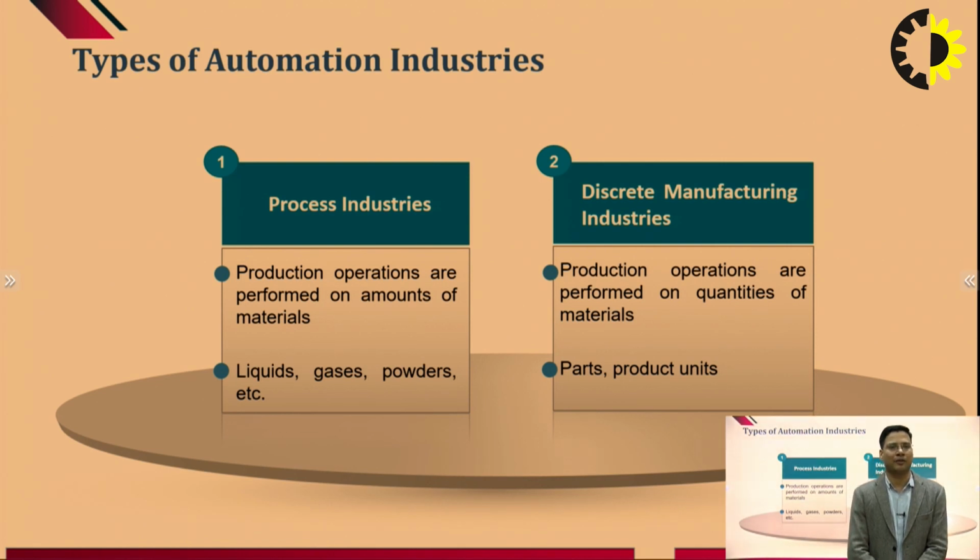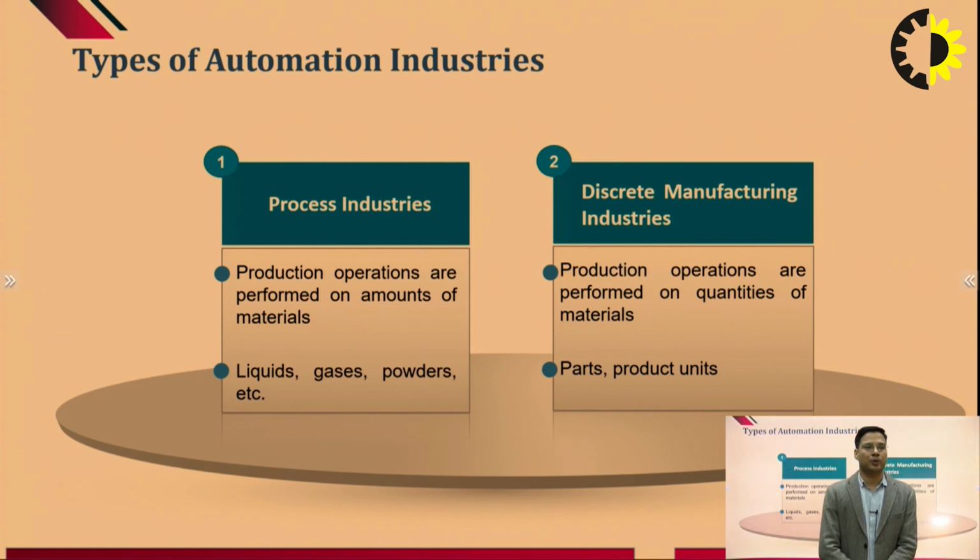Let me take an example of any motorcycle or car manufacturing unit, where we calculate the output in the form of numbers. We say that in an hour we are capable of developing 50 cars, let us say 100 cars. All these are calculated in the form of numbers.